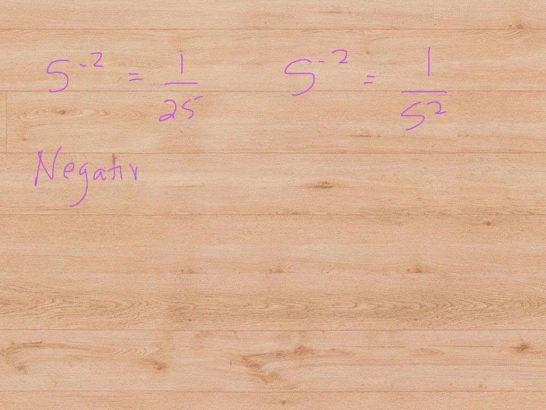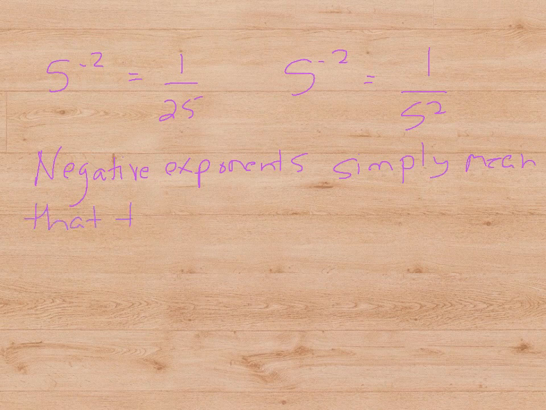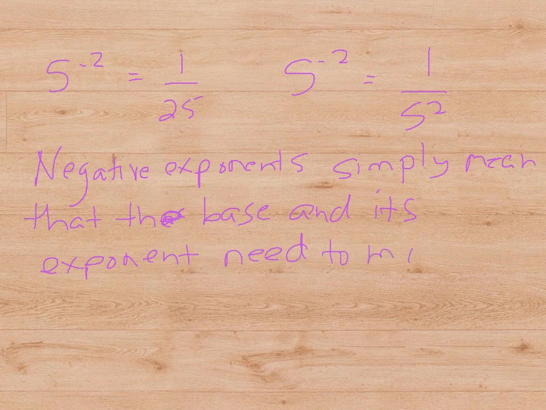Negative exponents simply mean that the base and its exponent need to move to the opposite location.